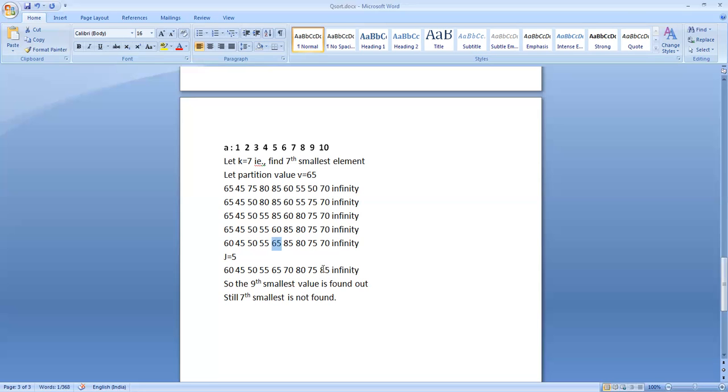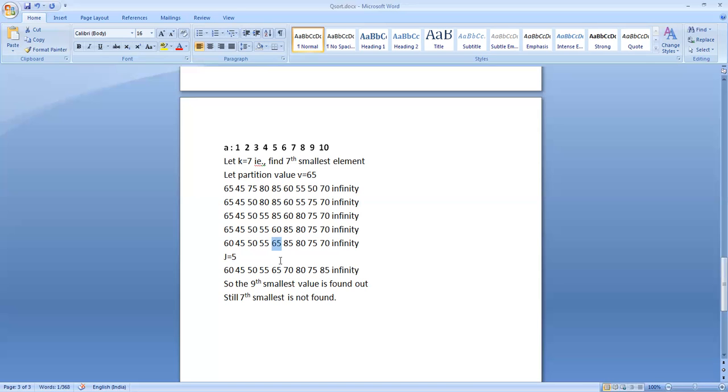So still we haven't found the seventh smallest value. Instead, we have found the ninth smallest value. So we have found two values, the fifth smallest value and the ninth smallest value. Both of them are placed in the right location. Still the condition is false.